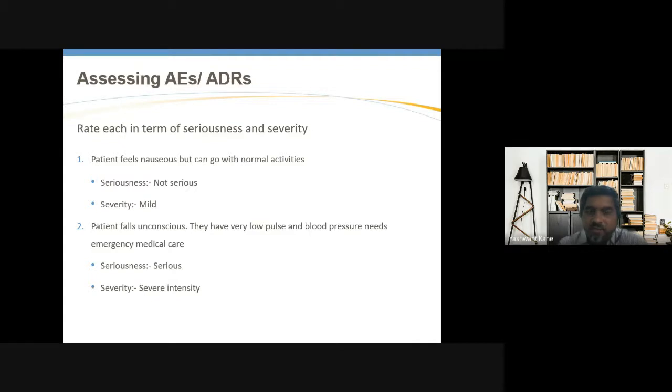Okay, should it be severe? Good. How should the severity be measured? Mild, moderate, severe? Mild, great. Okay, so that's how we have to see.